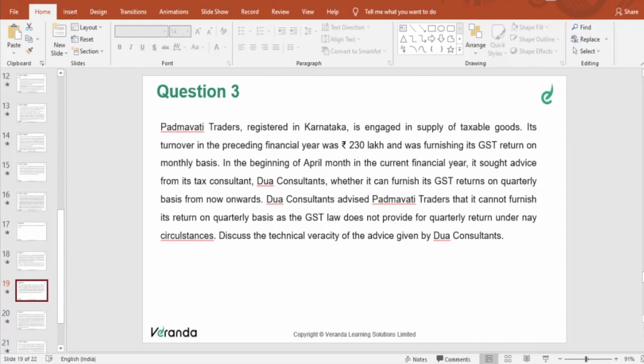Under that, any assessee whose turnover is less than 5 crore rupees is allowed to file returns on a quarterly basis, subject to payment of GST on a monthly basis.